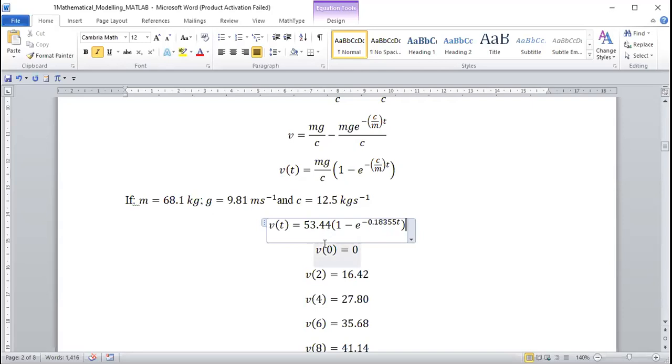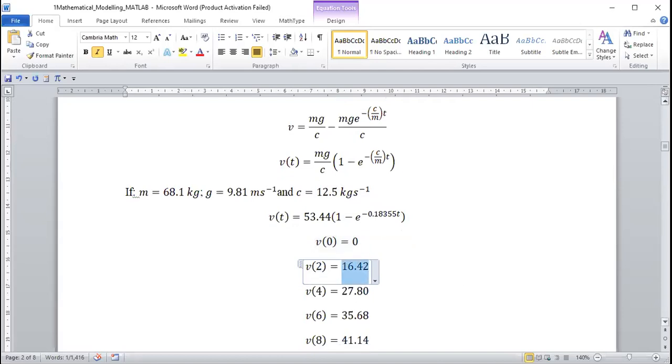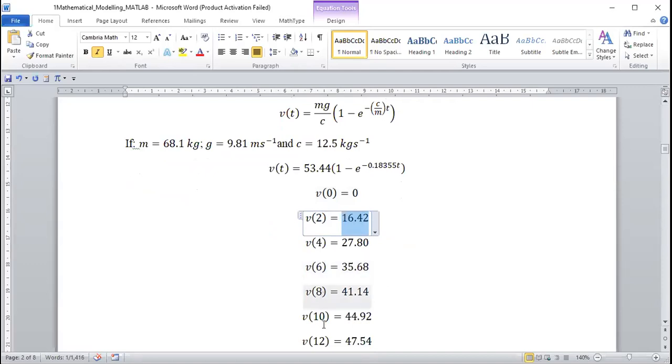Then we try to get the velocity at different time steps. When T is equal to 0, the velocity is 0. You just simply plug in 0 in place of T. So when T is equal to 2, we arrive at this. When T is equal to 4, 6, 8, 10, 12, it's just simple arithmetic.